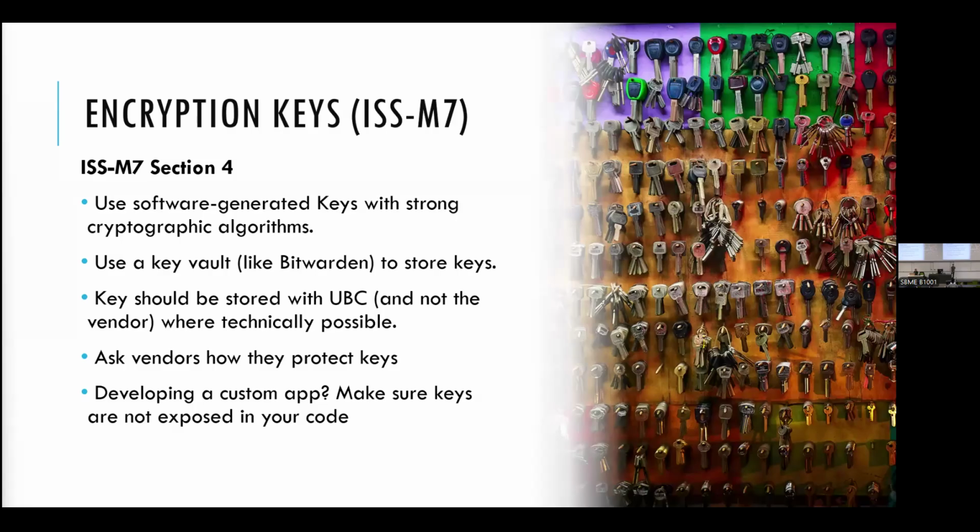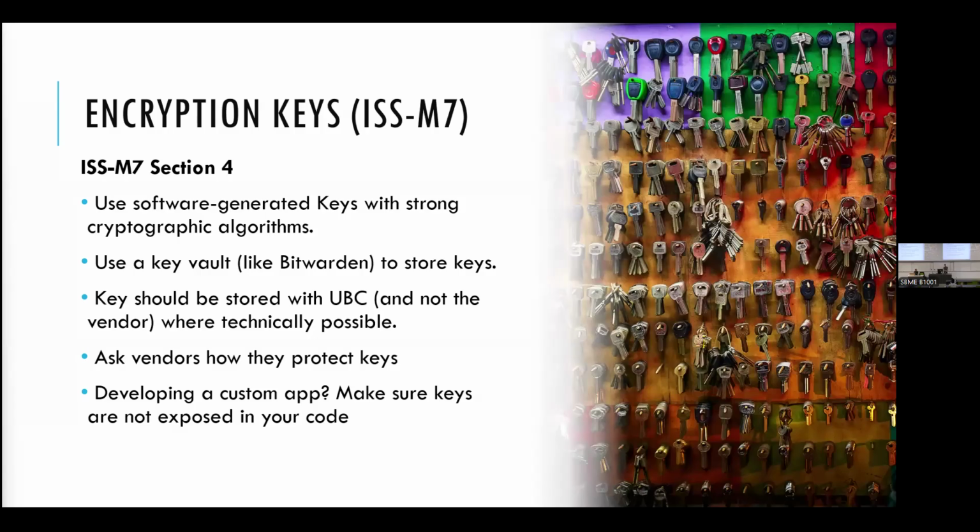So we'll manage the encryption key and you don't have to worry about it. But then the key is managed by someone you don't know, and you don't really know who has access to it. I'm not saying that the service is not good, it's probably good. I'm saying that ideally you want to have control over the keys to your valuable data. So where possible, you want to store the keys with UBC and not with the vendor.